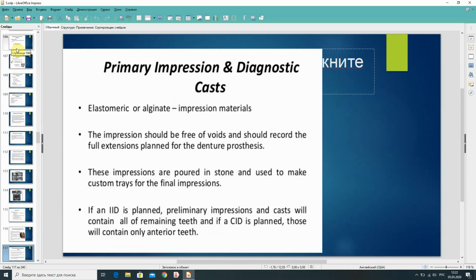If an IID is planned, preliminary impressions and casts will contain all of the remaining teeth, and if a CID is planned, those will contain only anterior teeth.